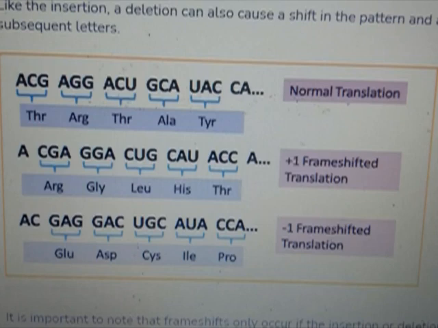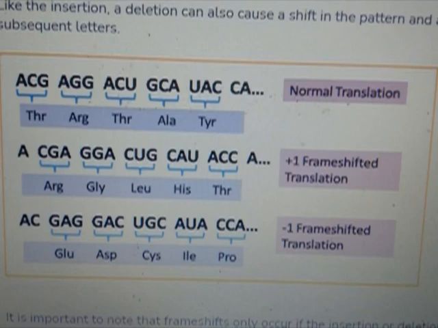Mutation. The arrangement of nucleotide sequence in the DNA is highly conserved, and this does not change over generations. Under certain conditions, however, there may be an alteration in the nucleotide sequence in the DNA molecule that may be heritable in the offspring.